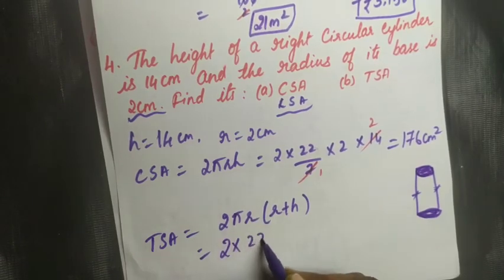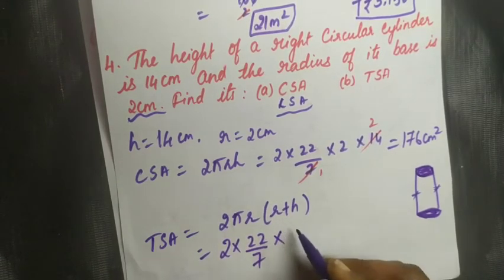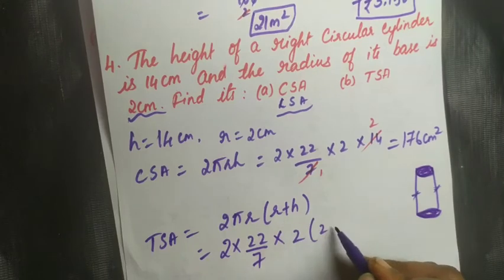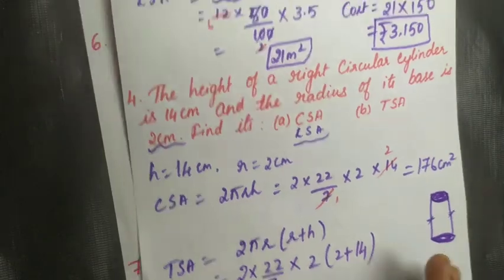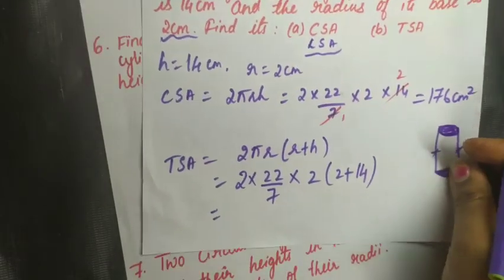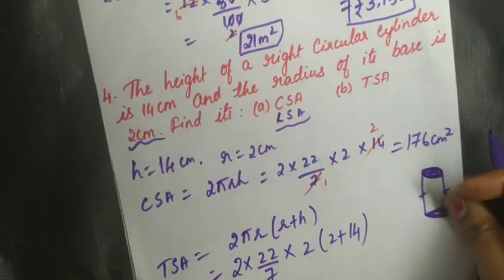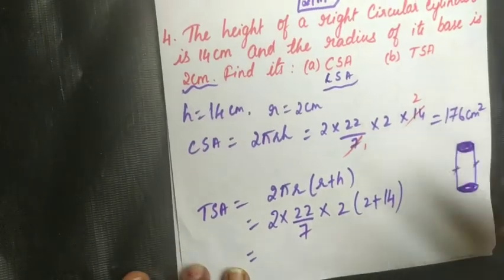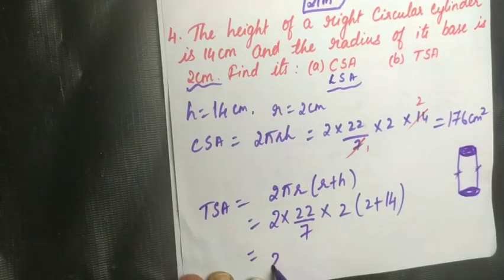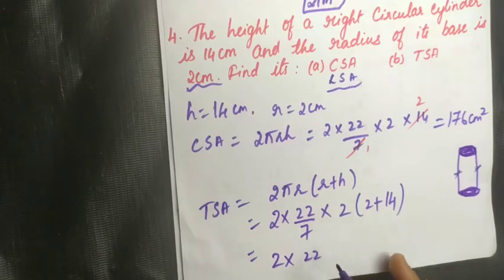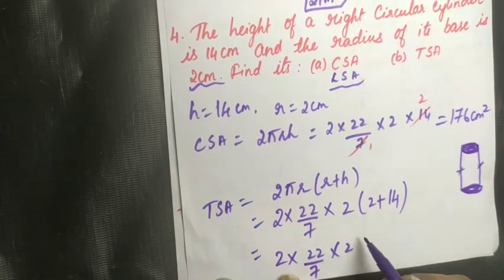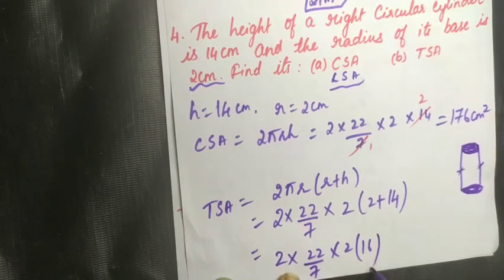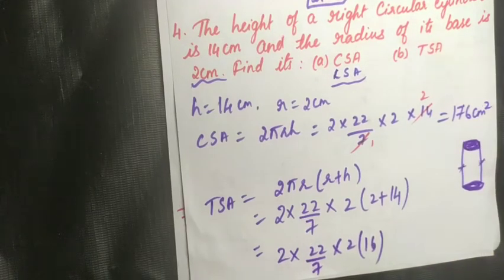So 2 into 22 divided by 7 into r, which is 2, into (2 plus h), which is 14. After simplification it becomes 2 into 22 divided by 7 into 2 into 16. 2 times 16 is 32.